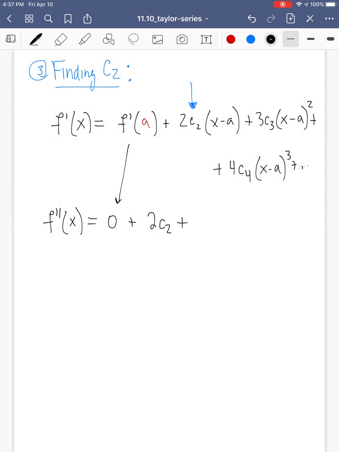If we take the derivative of the next term, we'll get 3 times 2 times c3 times (x minus a) to the first power, and then plus 4 times 3 times c4 times (x minus a) squared, and so on. And well, if we want to try and isolate again this c2 term, we can just evaluate now the second derivative at x equals a.